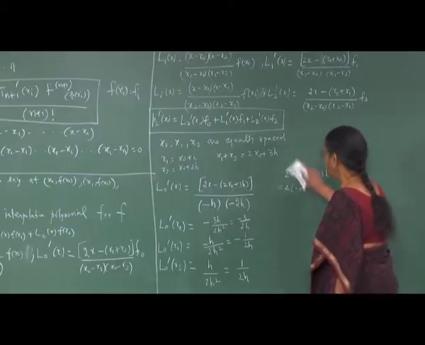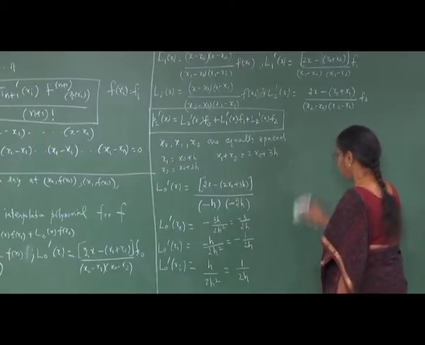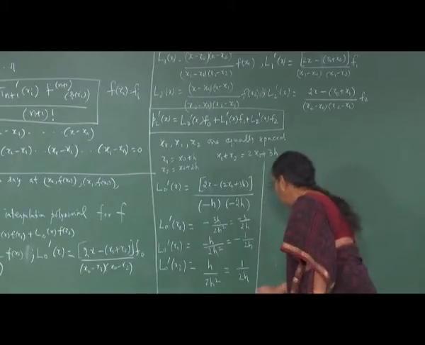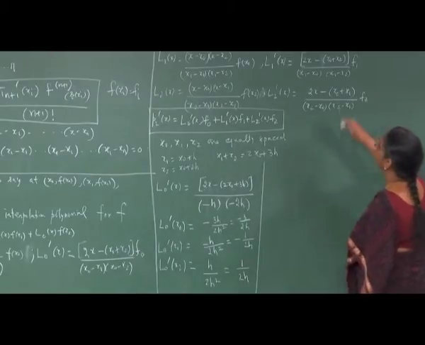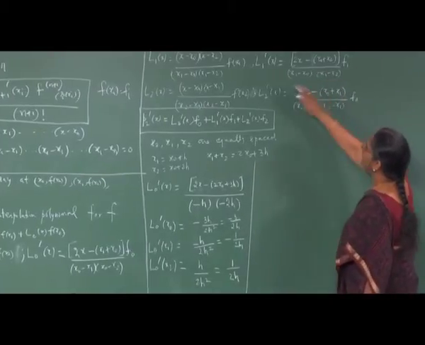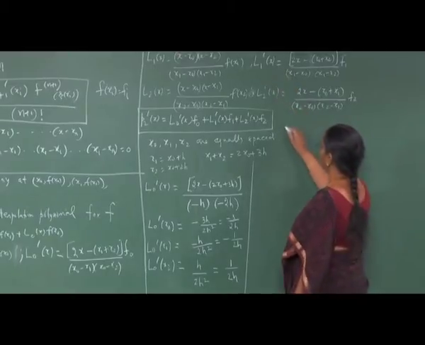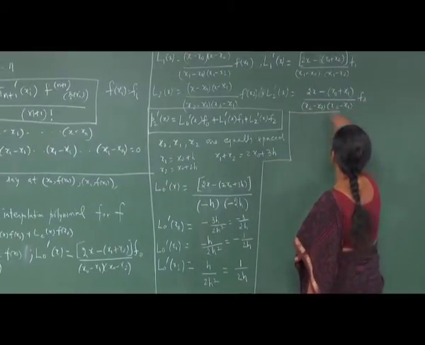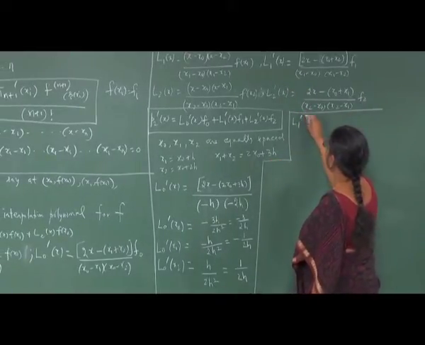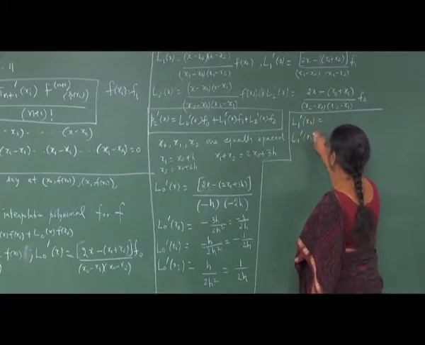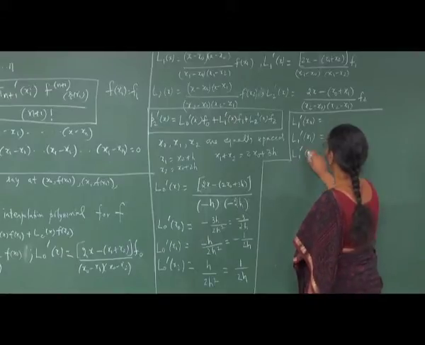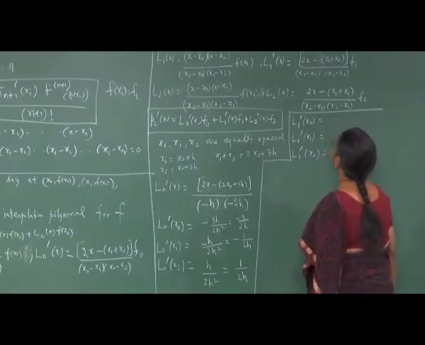So, we have the results for L naught dashed evaluated at all the nodes. This must be done for the other derivatives also. Let us find out what is L1 dashed at x naught, L1 dashed at x1 and L1 dashed at x2.